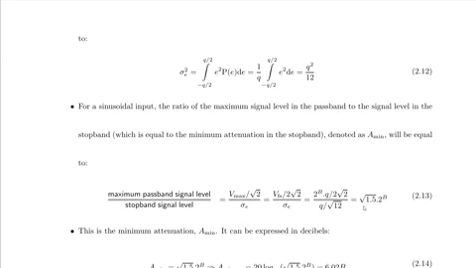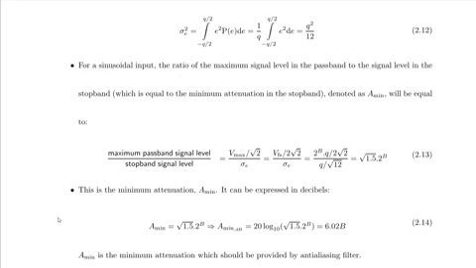This leads to the square root of 1.5 times 2^B. This is the minimum attenuation denoted by A_min. It can be expressed in decibels: A_min is the square root of 1.5 times 2^B, which in dB leads to about 6 times B.